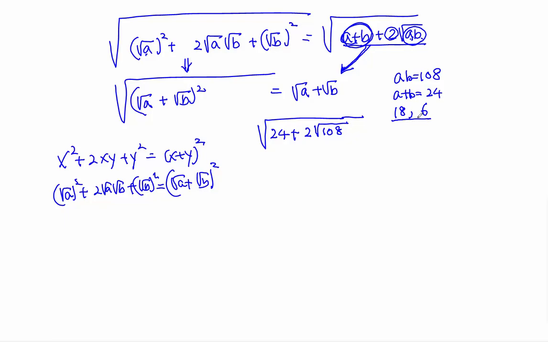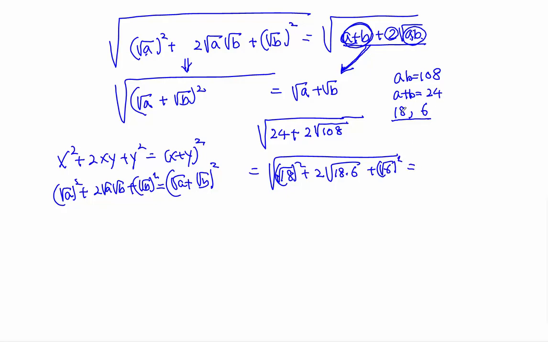Now this will look like this: square root of 18 squared plus 2, this is 108, 18 times 6, plus square root of 6 squared. Same thing.